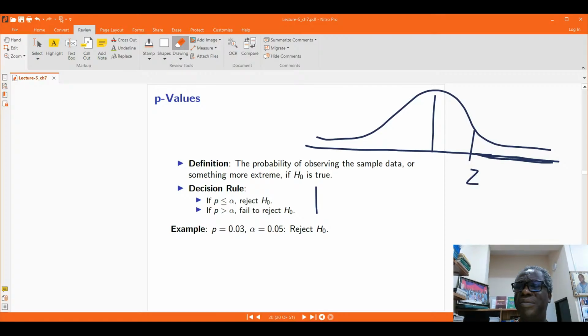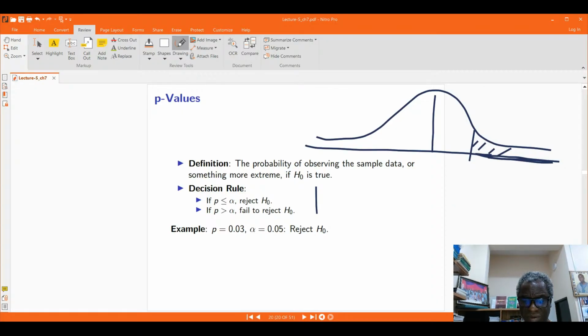That gives you the probability of observing any sample value or extreme value, that is a value above that sample data.